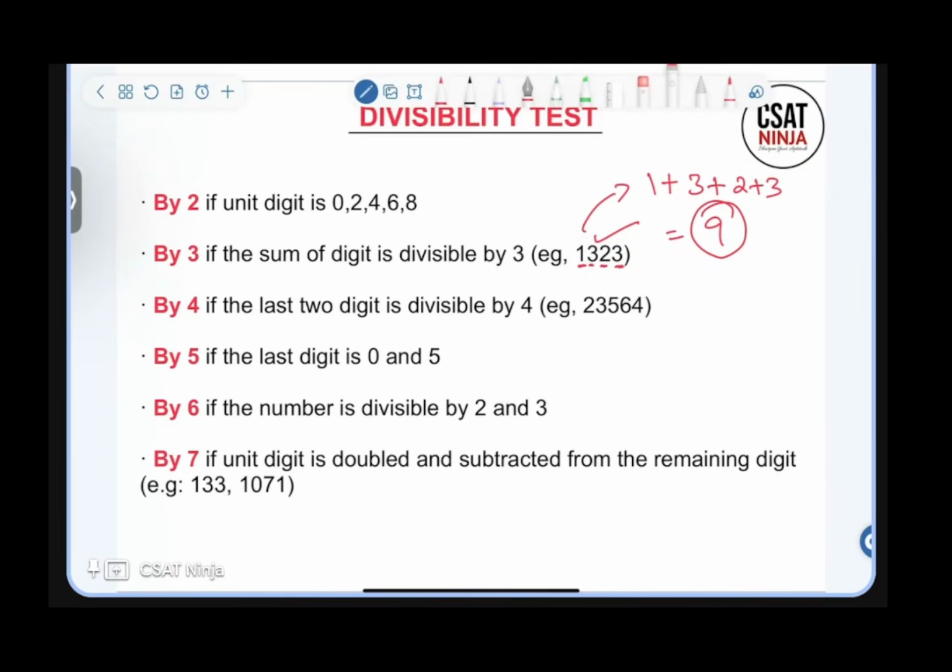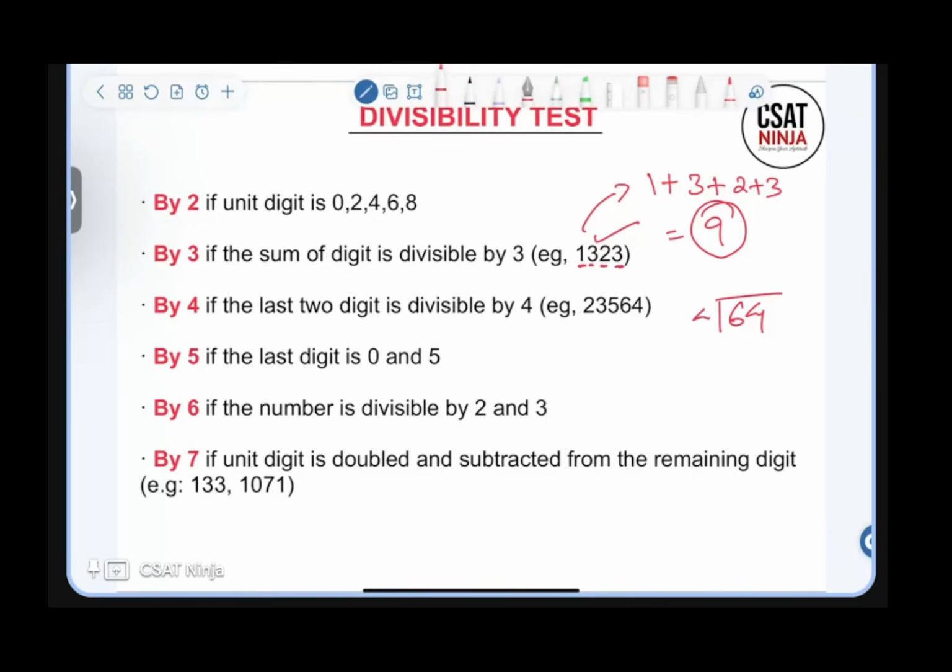Let's go to 4. A number is divisible by 4 if the last two digit is divisible by 4. In this case, even though the number is very long, you just look at the last two digit. The last two digit here is 64. You divide it by 4. If it is completely divisible, then we say that that number is divisible by 4.